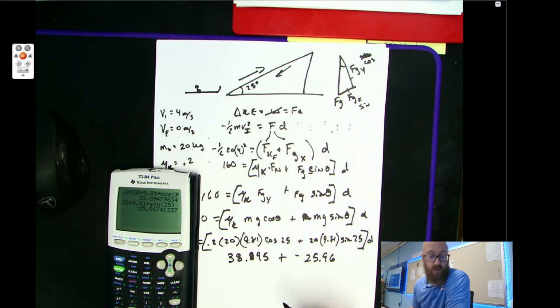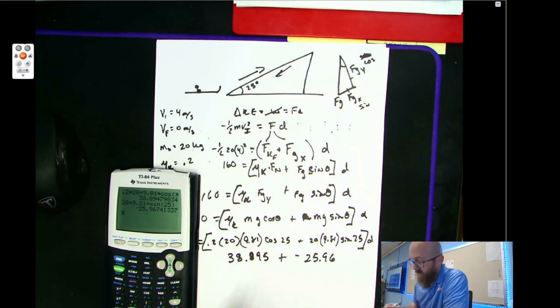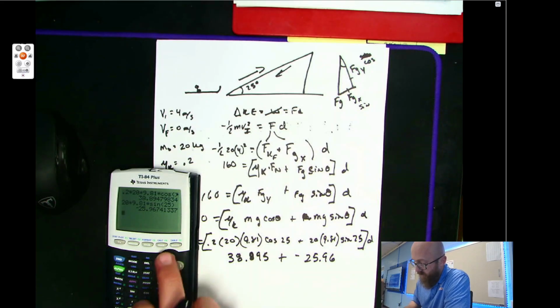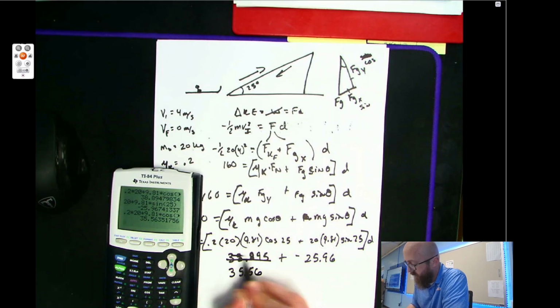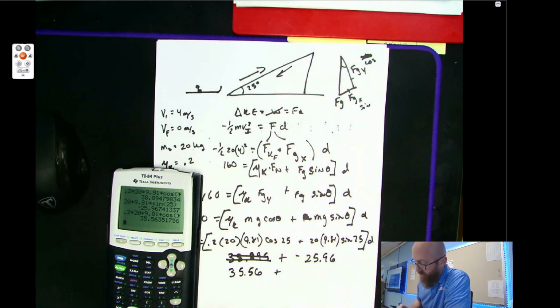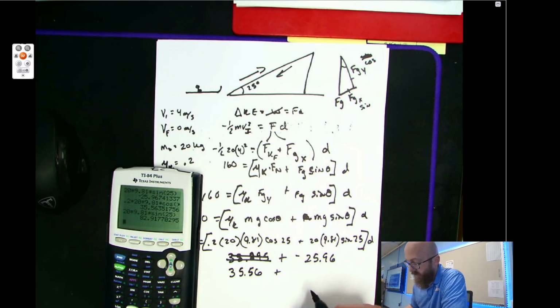Rule number one, if you're starting any physics experiments, you should probably make certain your calculator is in degree mode. Let's double check that first one. Whew. Not too far off, 35.56 plus 20 times 9.81 times sine of 25 is 82.91.